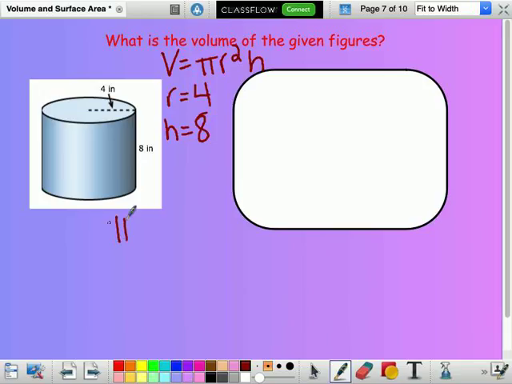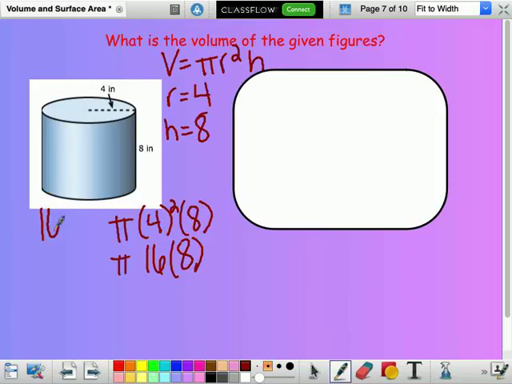So I have pi times 4 to the second power times 8. 4 to the second power is 16 times 8. This is 48. 8 times 1 is 8, plus 4 is 12.